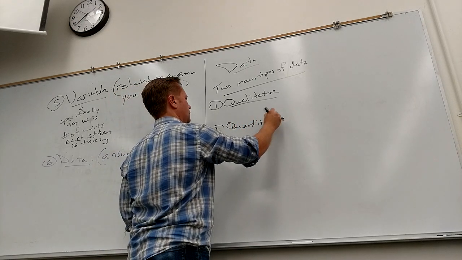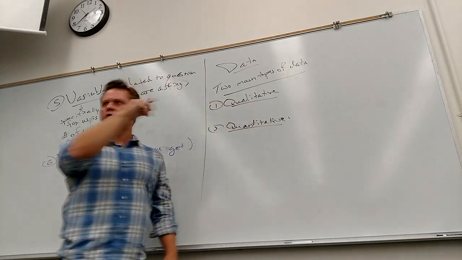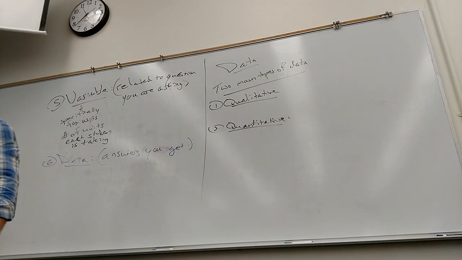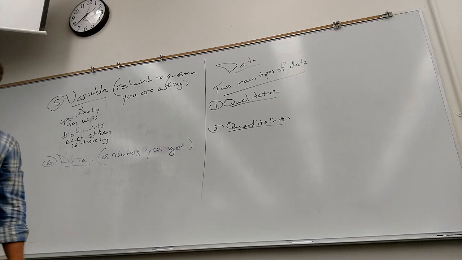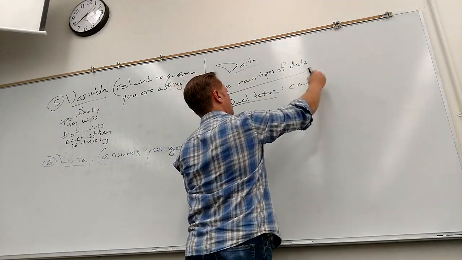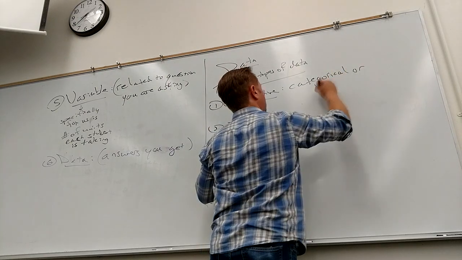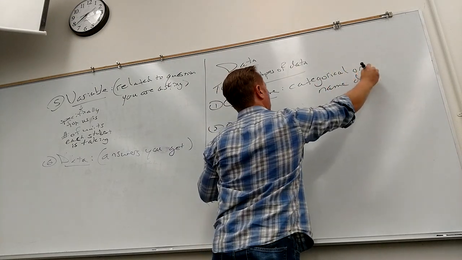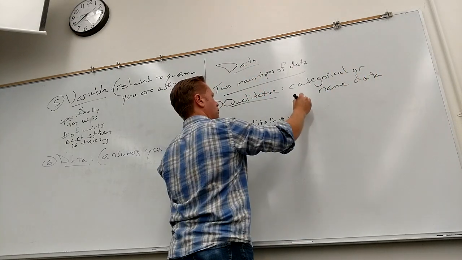Quality. So this is going to be a quality, so it's going to be categorical. It's going to be name data, like hair color or car type, something like that. So qualitative is categorical or name data. It's not truly numerical.